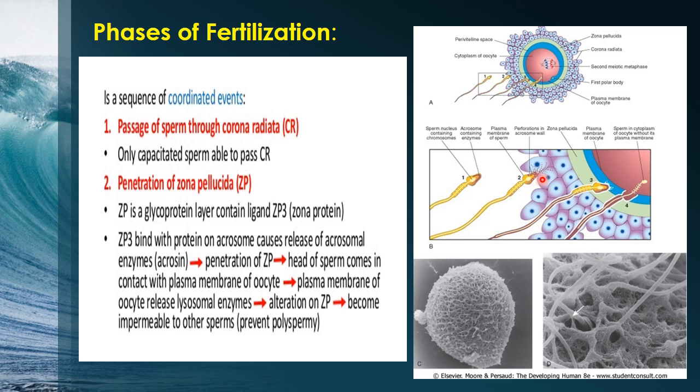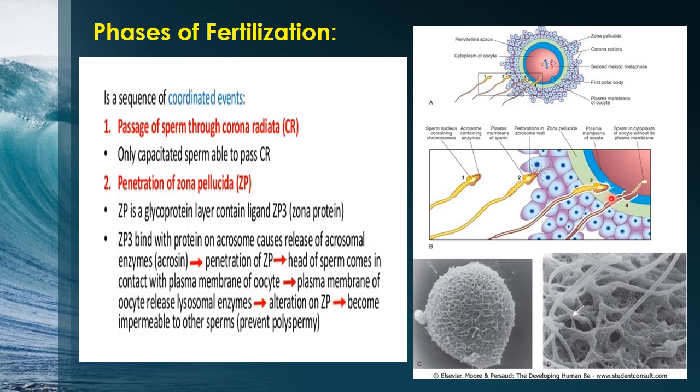The enzyme is mainly hyaluronidase, which causes the lysis and dispersal of these corona radiata cells, plus the hyperactivity of the sperm, that is, the sperm tail is hyperactive and motile, and the side to side movements of the head of the sperm also facilitate its passage through these corona radiata cells.